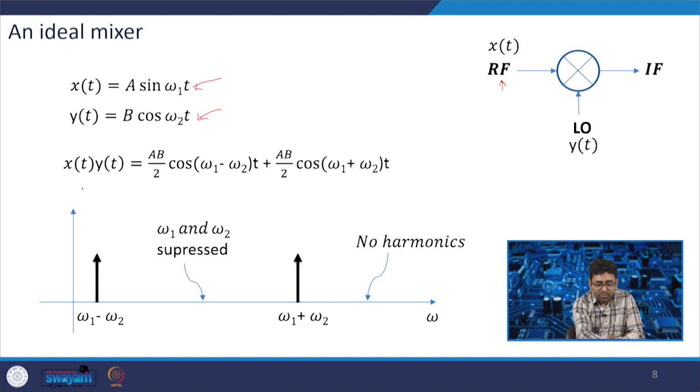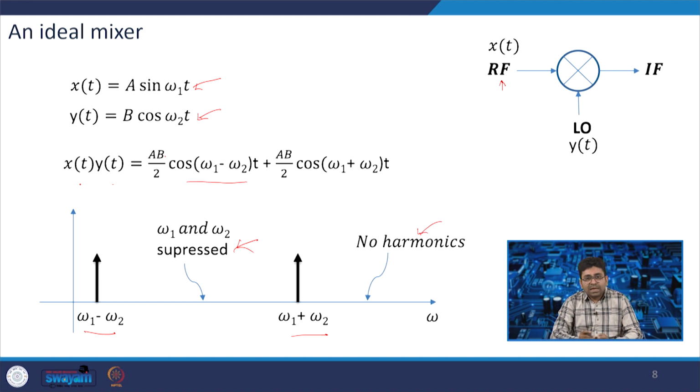If you multiply x(t) and y(t), you will get ab by 2 cos (omega 1 minus omega 2) t and ab by 2 cos (omega 1 plus omega 2) t, so you get omega 1 minus omega 2 and omega 1 plus omega 2. Here it is considered an ideal mixer, and other harmonics of omega 1 and omega 2 are suppressed, so there are no harmonics.